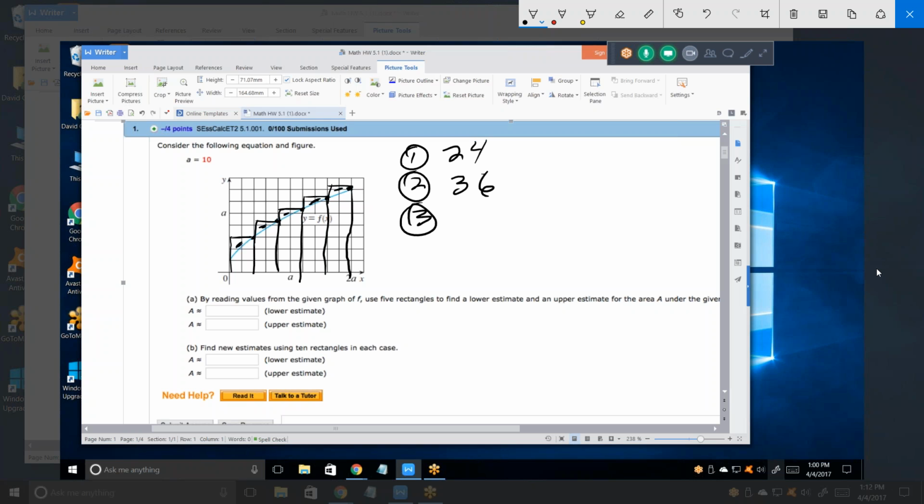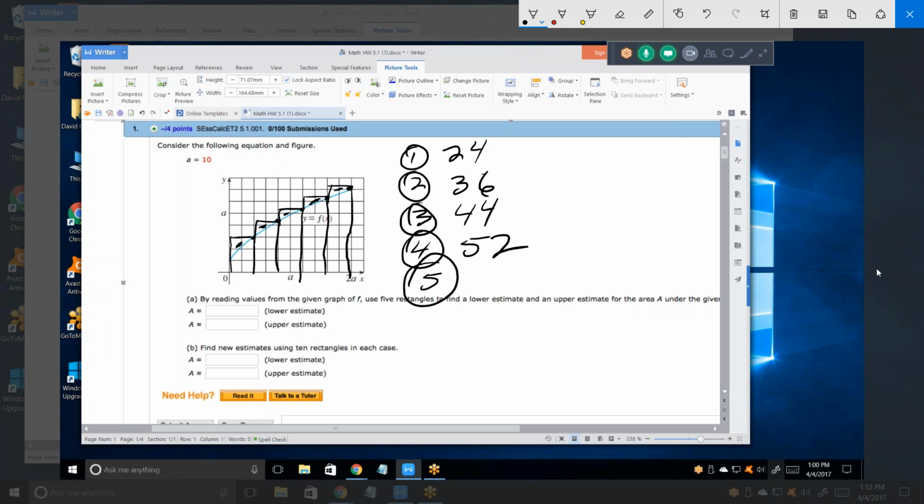Third one is going to be 4 times 11. Fourth one is going to be 4 times 13. These numbers look familiar. They should. We just went through these, only we're shifting 4 units to the right.